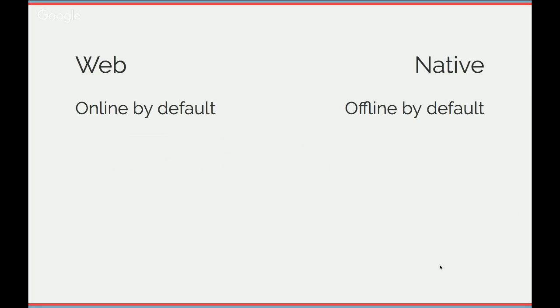Whereas native applications are absolutely offline by default. Once you do that initial install from the App Store, a native application should have all the files and all the assets it requires in order to run and give the user some sort of experience by default.